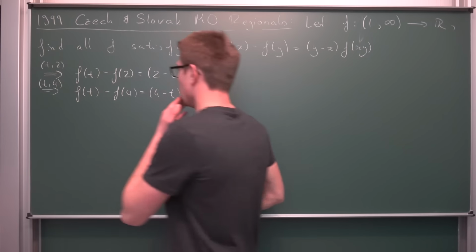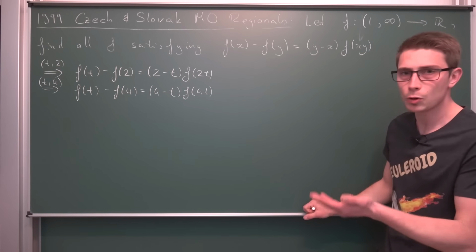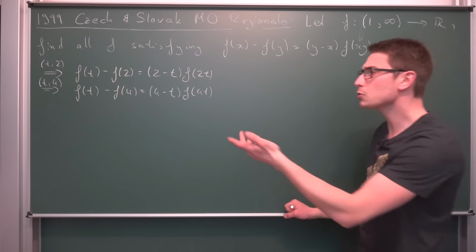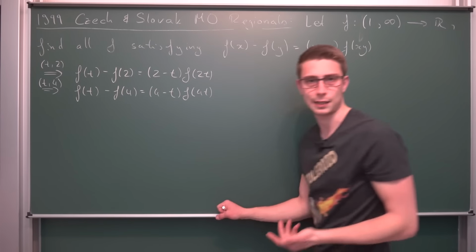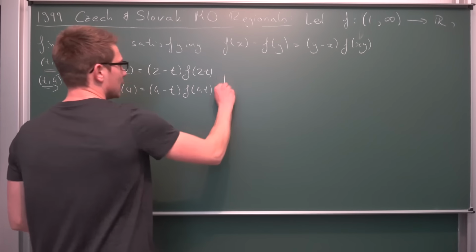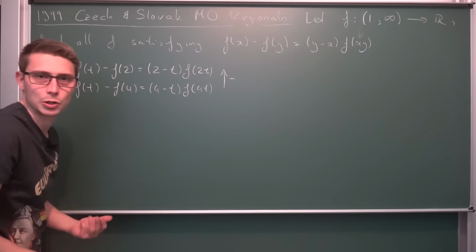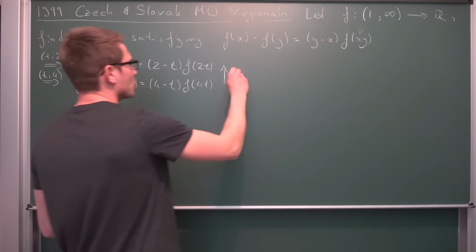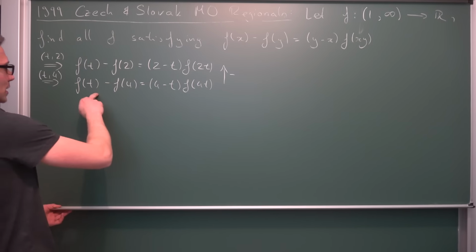This is not bad, because if we now were to subtract those two from one another in some kind of way, then we're going to get rid of the f of t at least. So let's subtract these really quick. It really doesn't matter which way around, you can always multiply by -1. Let's subtract the second one from the first one, giving us, okay, f of t is going to cancel out.